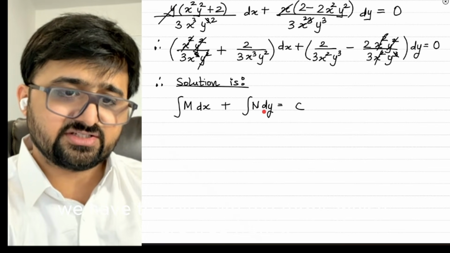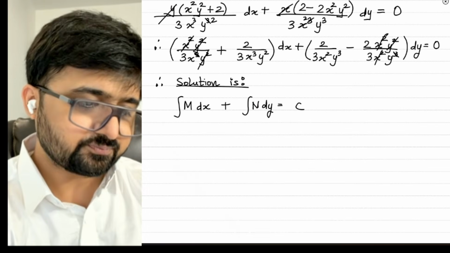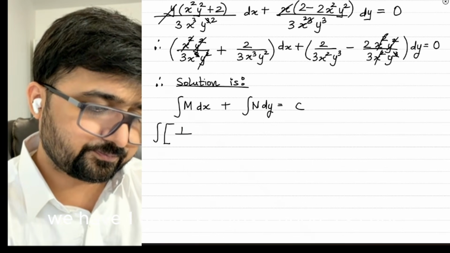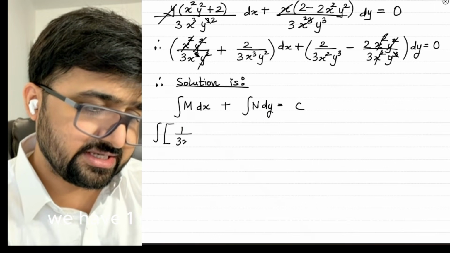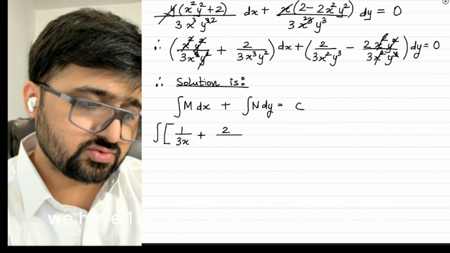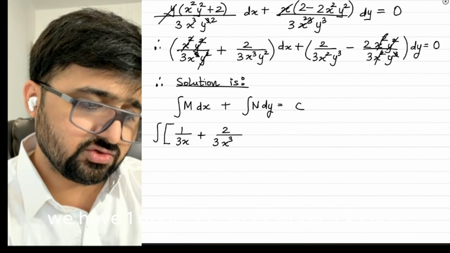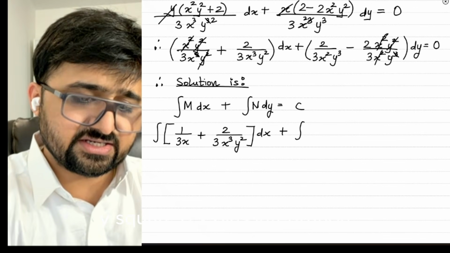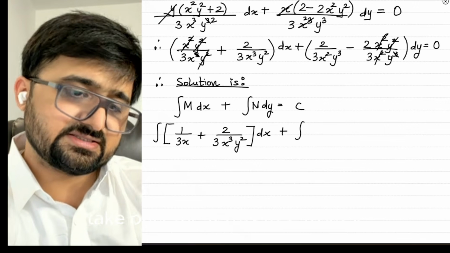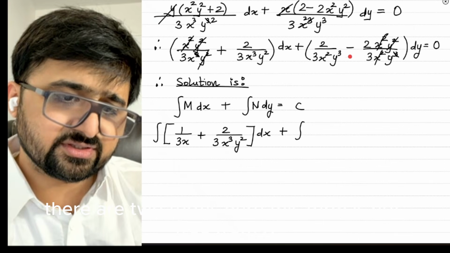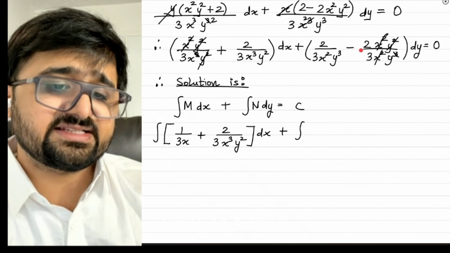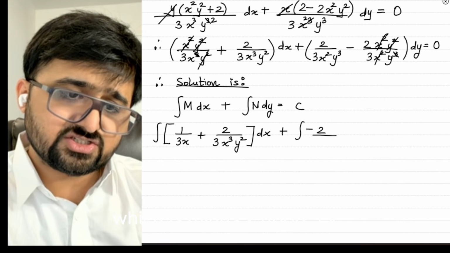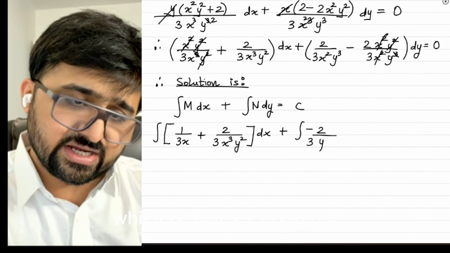So integration of, in the first term, 1 upon 3x plus 2 upon 3x³y² dx, plus integration, take only the terms free from x. There are two terms here. This term is not free from x, there is x here, but there is a term which is free from x, which is minus 2 upon 3y.